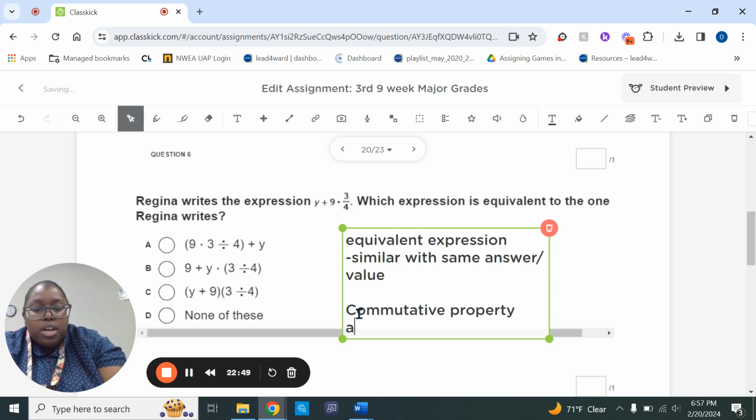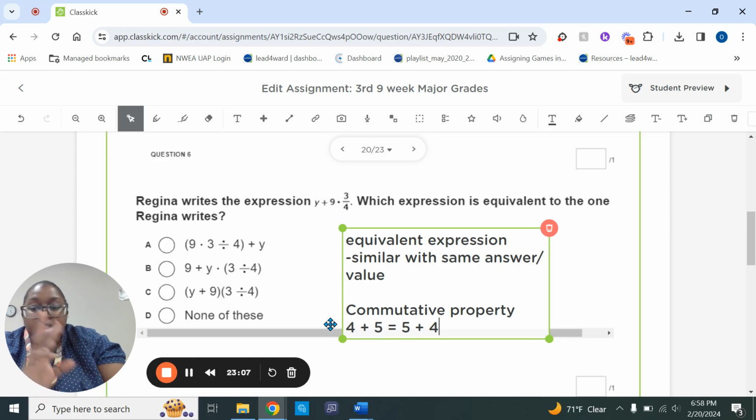For example, let me use some actual numbers so you can see what I mean. 4 plus 5 is now 5 plus 4. That's the commutative property. I took one number, moved it over here, took the other number, moved it over here. They basically just switch spots. So you can look for one where those two just switch spots.